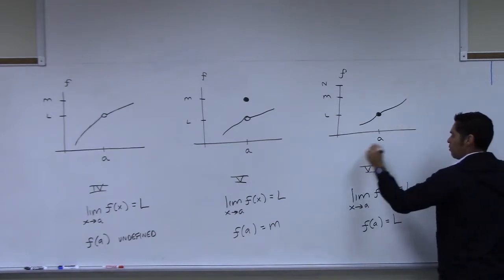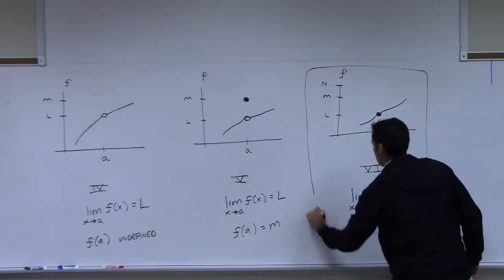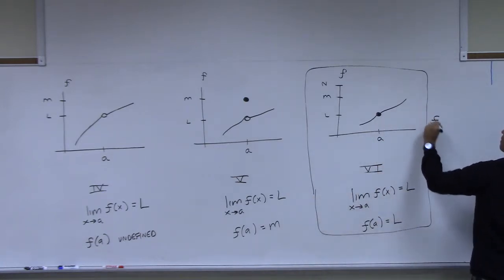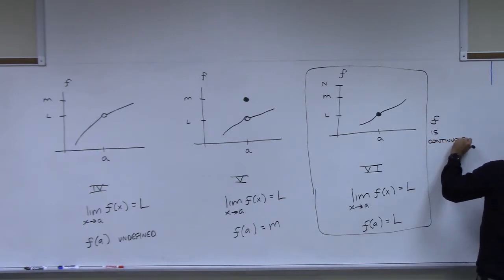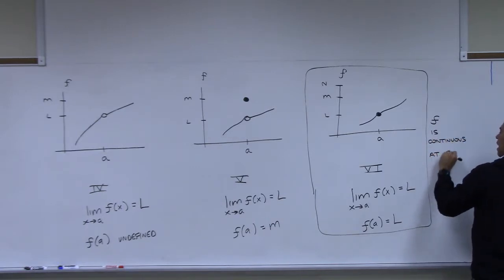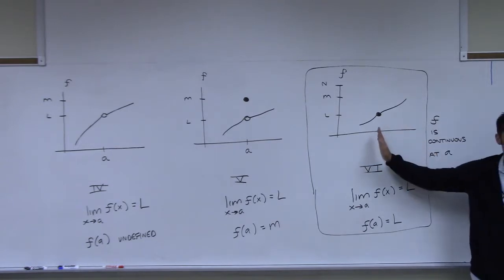This is this one right here, okay? This right here, we would say f is continuous at a. This is the one that is continuous at a.